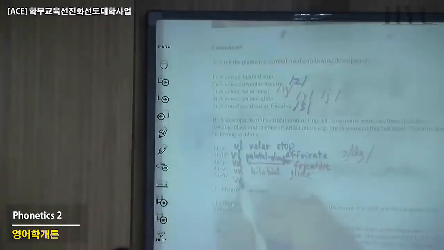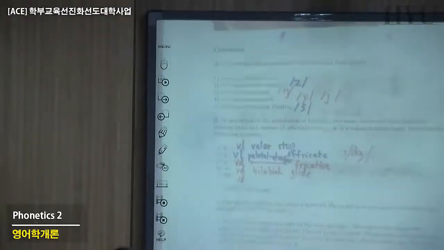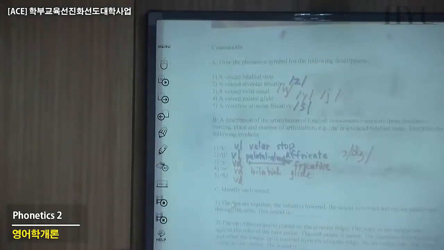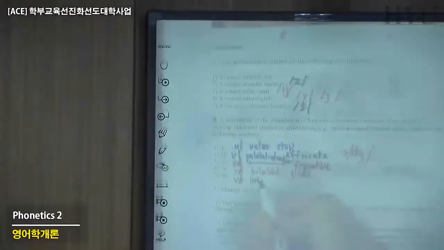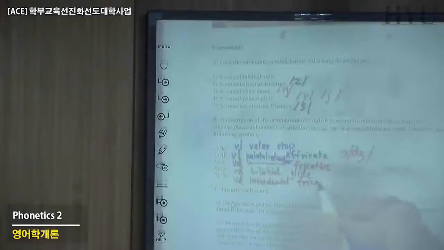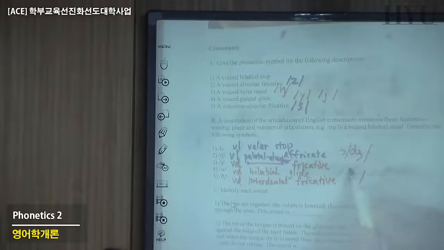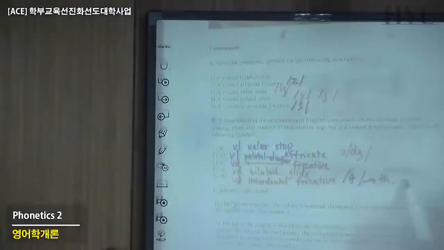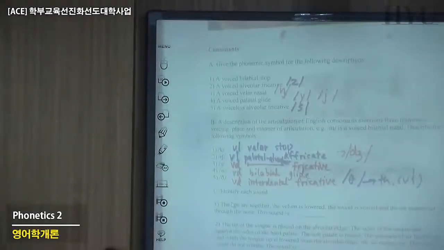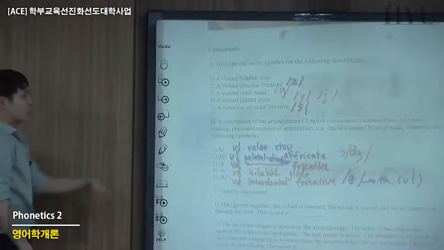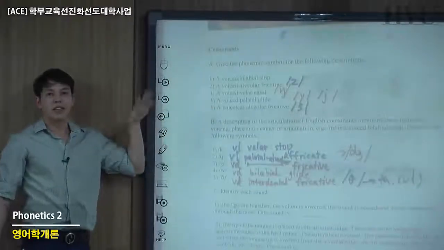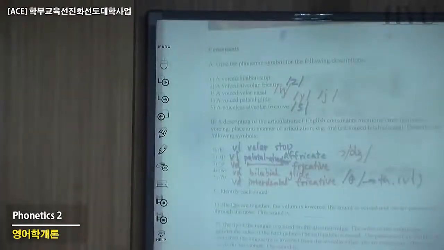And what place do you use? You use the tongue between the teeth. So it's interdental, and it's a fricative, right? The opposite of it is the theta sound, which is the TH, voiceless, right? So if you are able to do these, then you're fine. Easy, right?